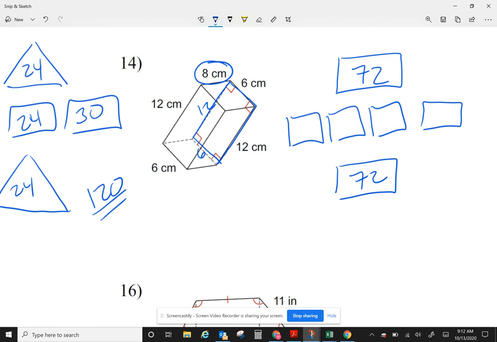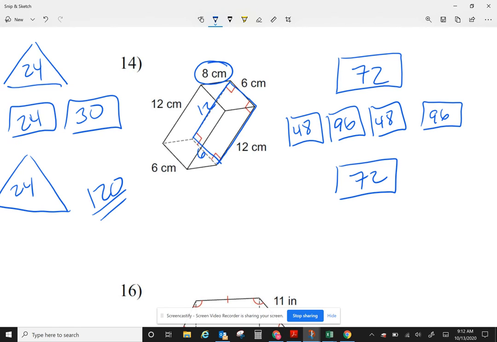And I'm going to multiply that 8, the number that has nothing to do with the base, to each side of my base. So I'm going to go 8 times 6, 8 times 12, 8 times 6, and 8 times 12. So 8 times each side of my base.